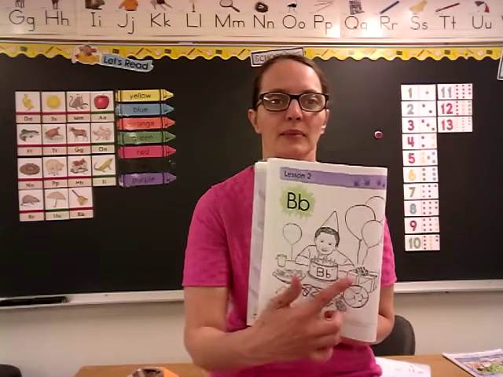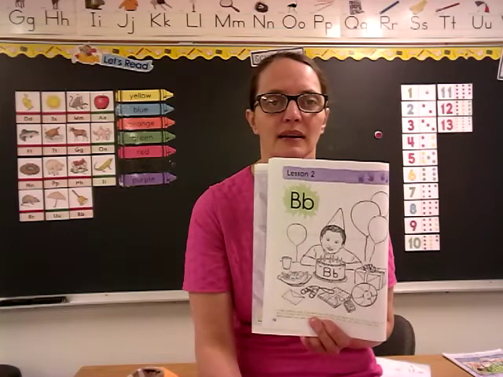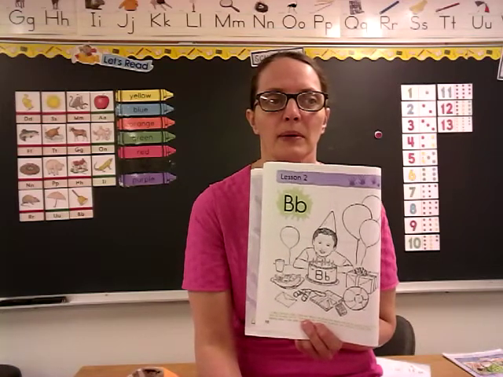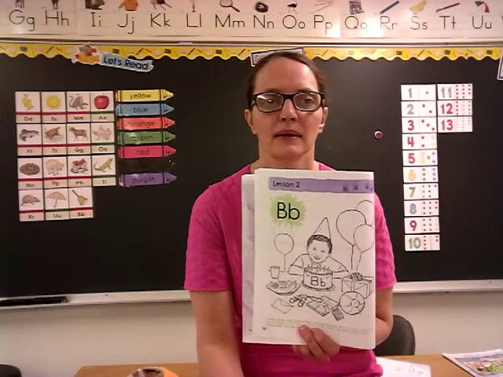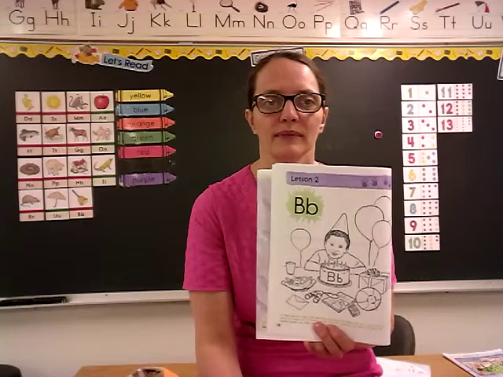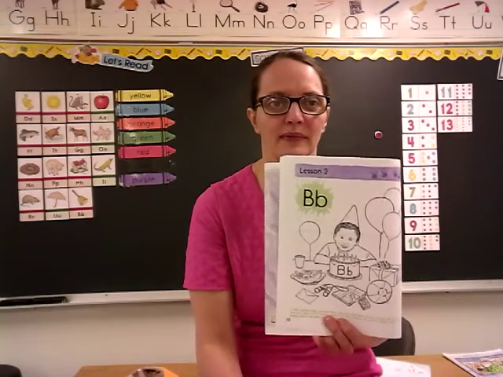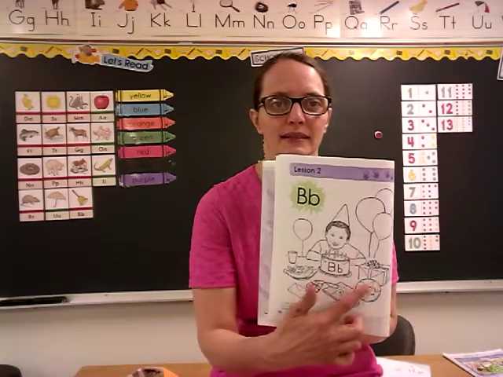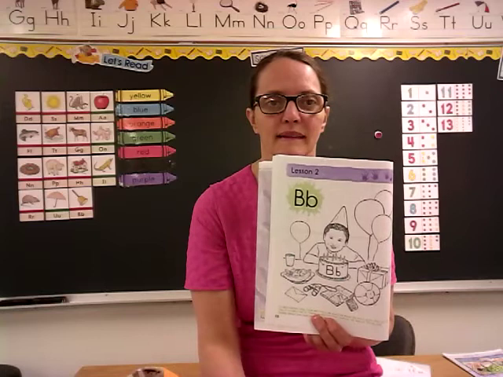Right above the ball is a present. This one might be kind of tricky. Present. Does that make the B sound? What do you think, children? Paige, what do you think? Does present make the B sound?